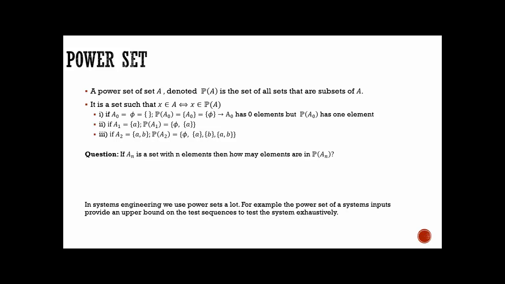So one question for you: if we have An, which is a set with n elements, then how many elements are part of the power set of An? So if you have a set that has n elements, and you have seen what's happening with the other three examples, how many elements do you think this set An will have in terms of its power set?